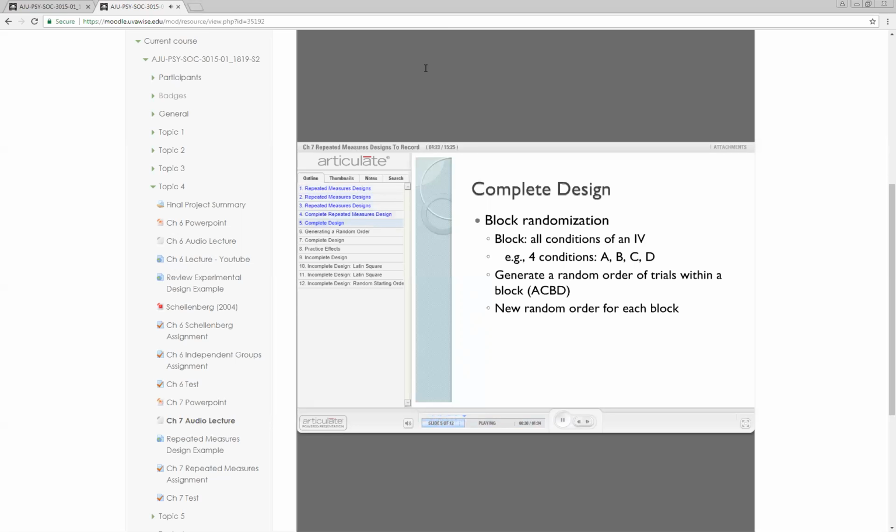So one response to a picture, whether it's a human face, an animal face, or an object, that single response is going to be a trial. A block is a group of trials that contains each condition of the independent variable. So a block will differ depending on how many conditions you have, but if you have 4 conditions, a block is going to have one of each condition.